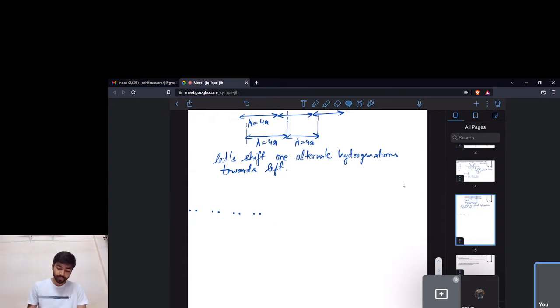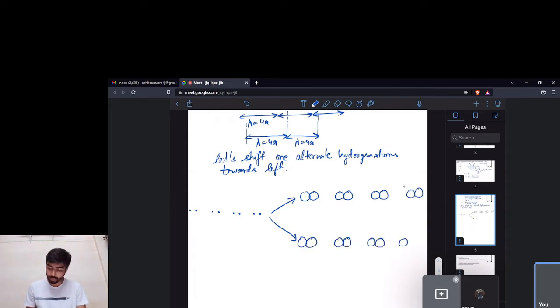Okay, now in this scenario, two kinds of things happen. Let me just write it again. We have two atoms closer together, two atoms then, two atoms then, and two atoms. Here also 2, 2 and 2.